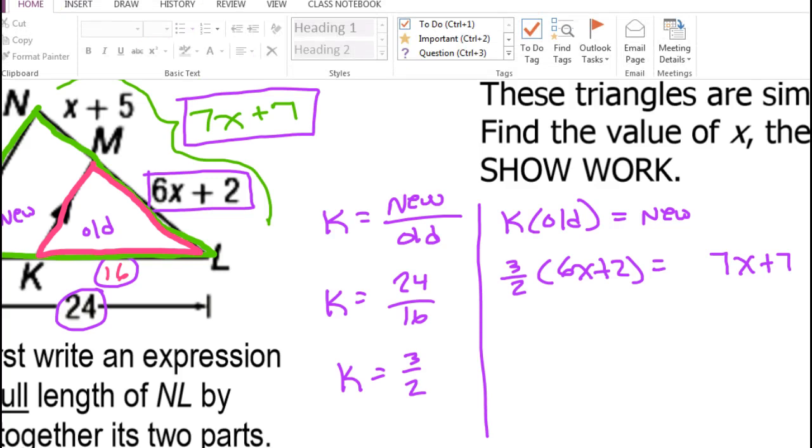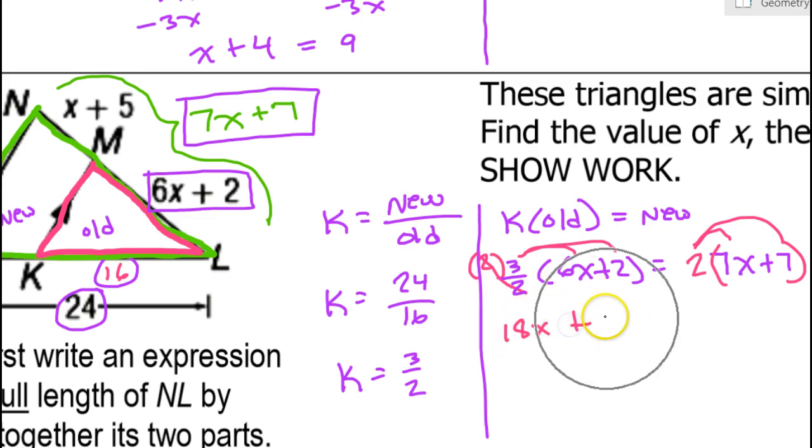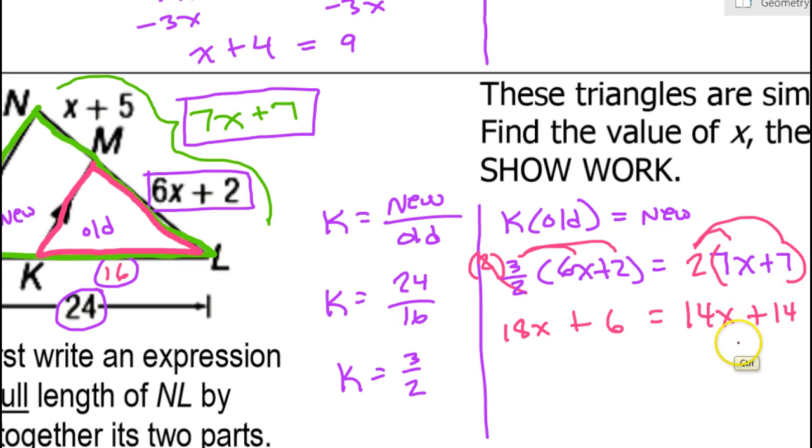The easiest way to solve this is to multiply by the denominator, so I'm going to multiply both sides by 2. That will cancel these 2's out and leave the 3 to distribute. So that's going to give me 18x plus 6 is equal to 14x plus 14.